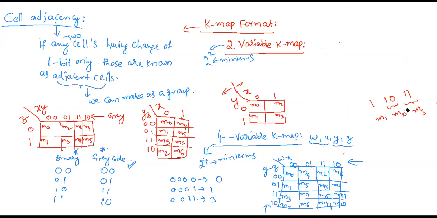I am discussing the two variable K-map. M0 and M2. These two are adjacent cells or not? My question is, find out whether these two cells are adjacent cells or not.